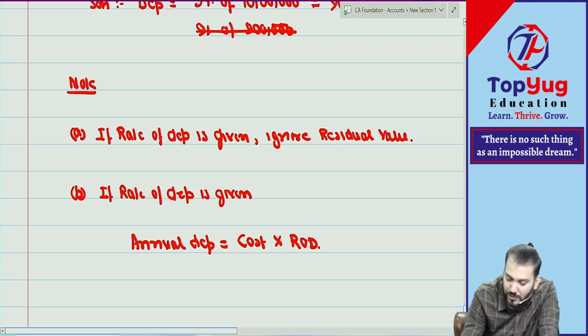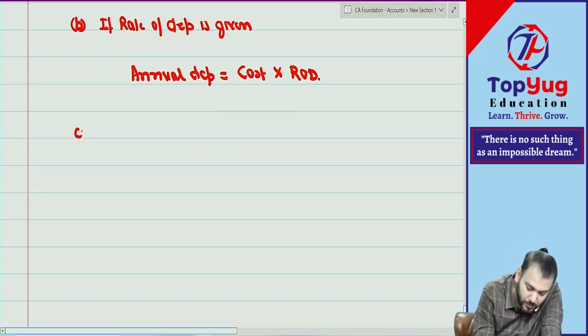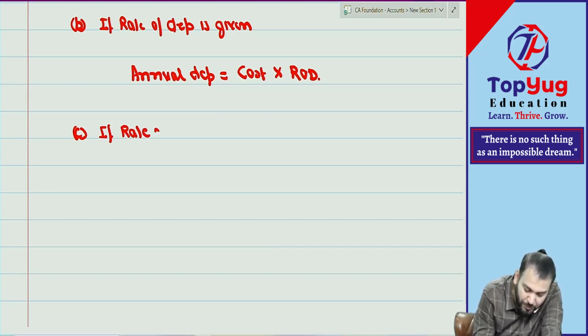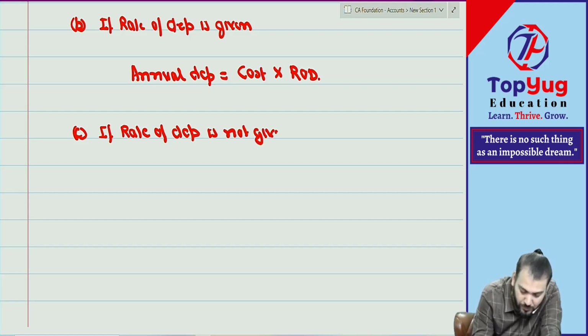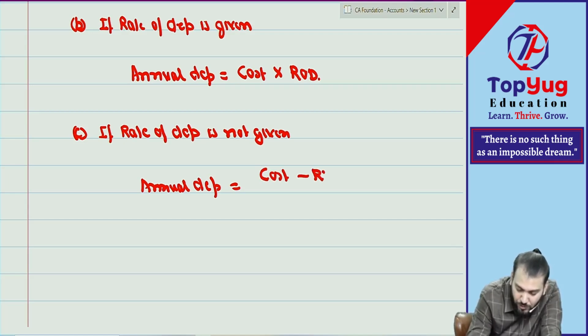ROD means rate of depreciation. If rate of depreciation is not given, then can I say annual depreciation will be equal to cost minus residual value divided by useful life.